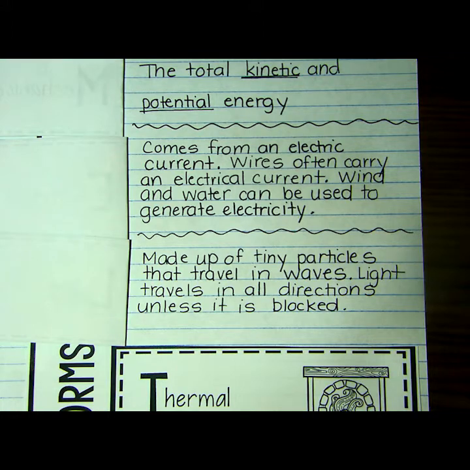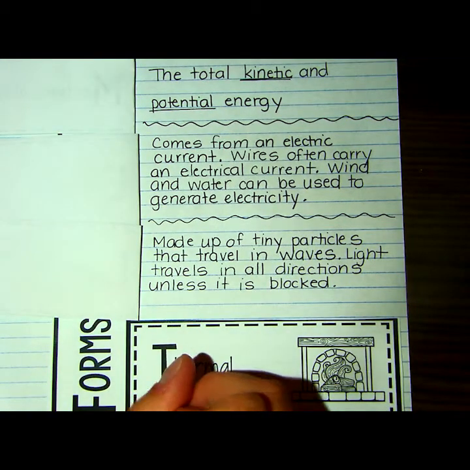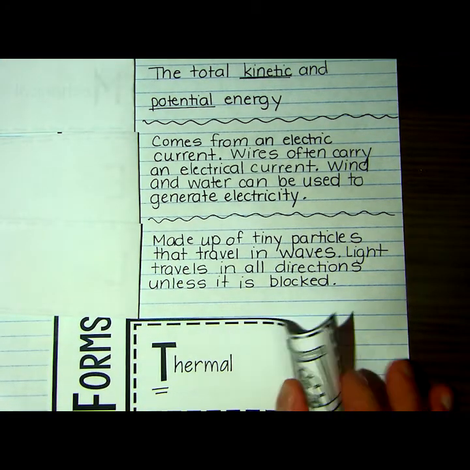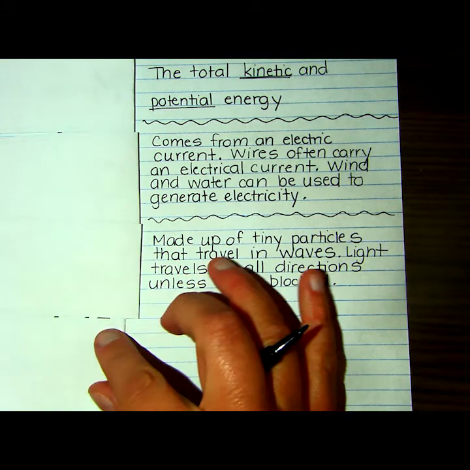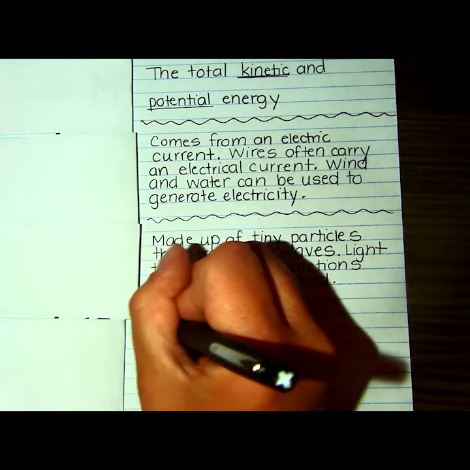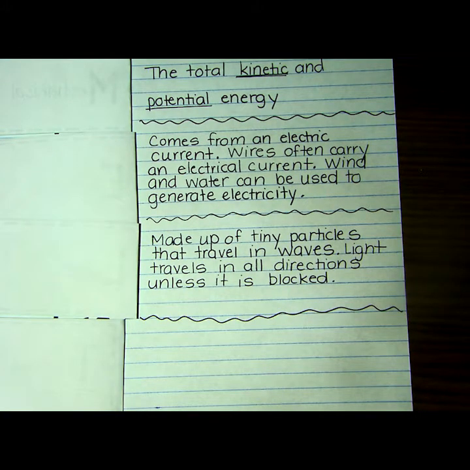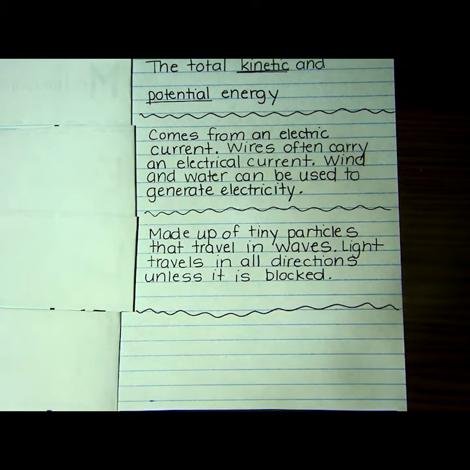All right, the fourth one that we want to talk about is thermal energy, so heat energy. Something that's important to know about heat energy is that heat energy moves from a warmer object to a cooler object.